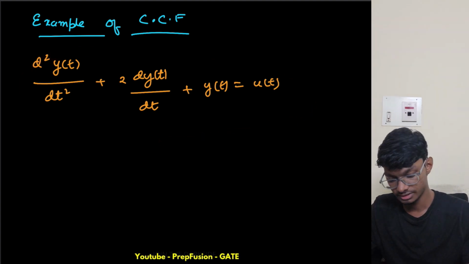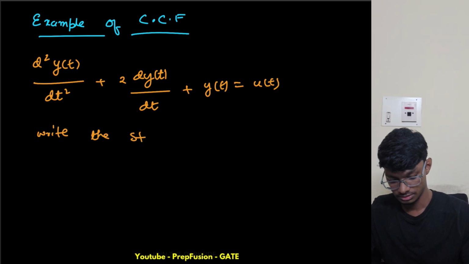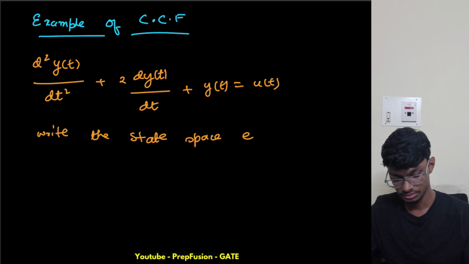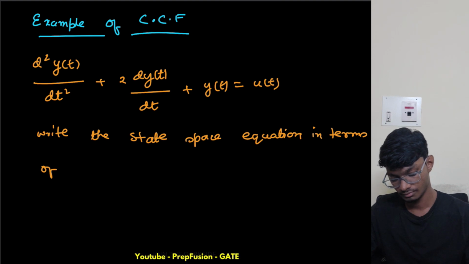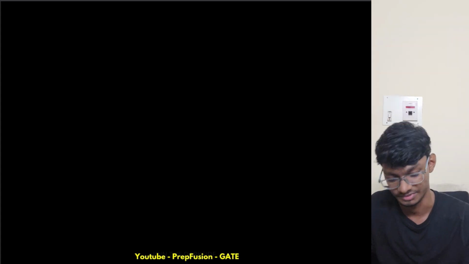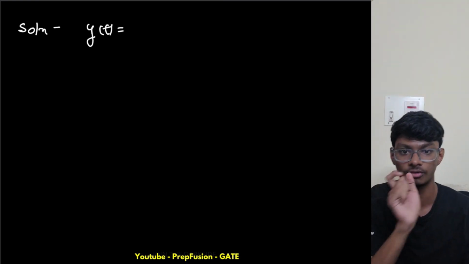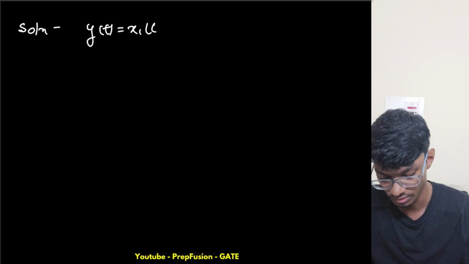What I want to do is write the state space equation in terms of CCF. So how will I do it? Just what we have been doing ever since the start of this chapter: we assume the output equals some state variable, x1 of t, the first state variable.